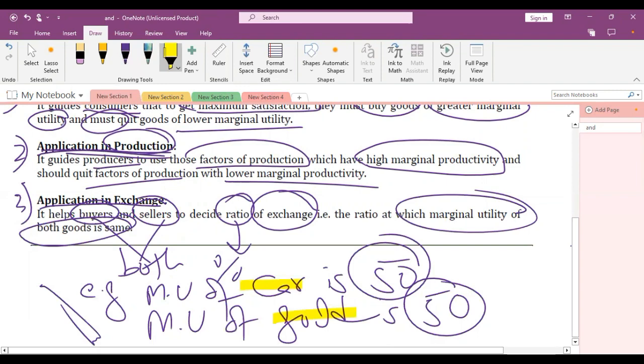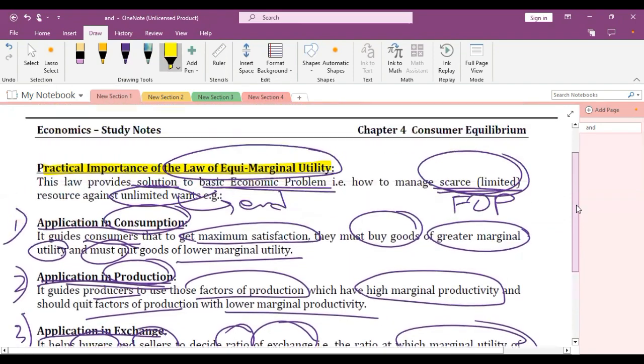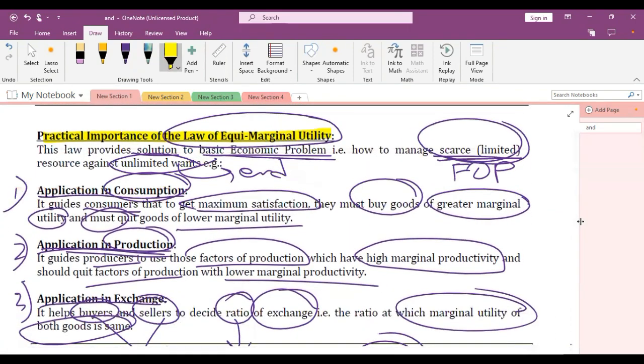So this is the practical significance of the law of equi marginal utility, in which the need of the consumer is firstly addressed, then the producer, and then the need of both buyers and sellers, by determining the marginal utility as a base for exchange, for consumption, and for production.